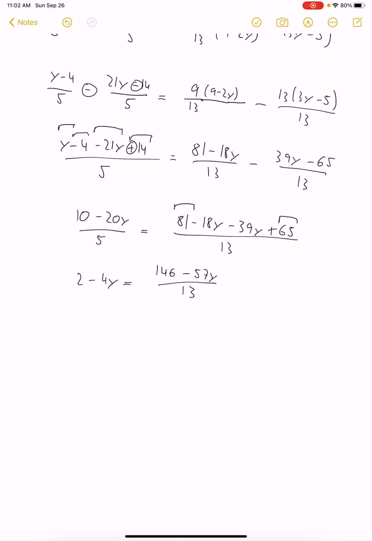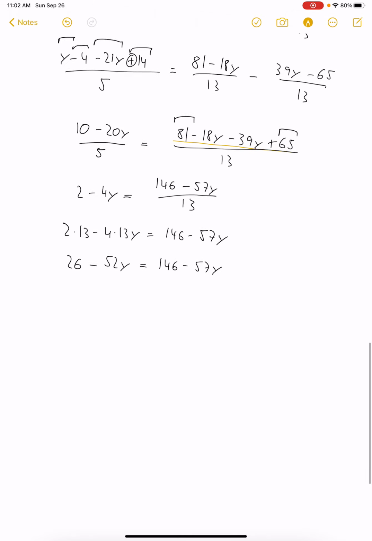So we'll multiply both sides of the equation by 13, which means 2 times 13 minus 4 times 13 y is 146 minus 57y, which is 26 minus 52y is equal to 146 minus 57y.